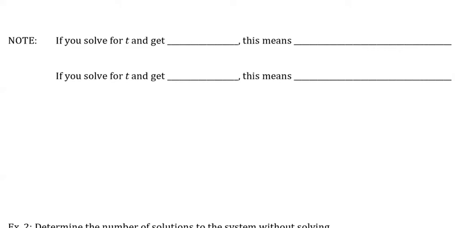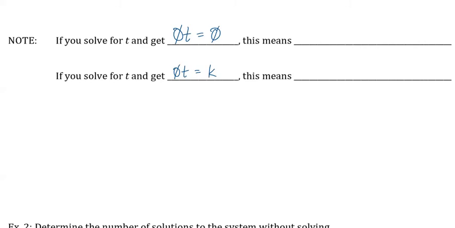And you get 0t equals 0. What does that mean? Or you get 0t equals some constant k, which could be anything. What does that mean? Last one is a solution.